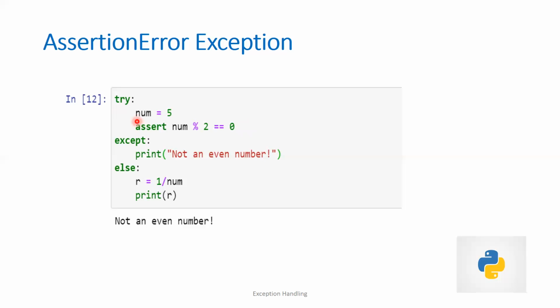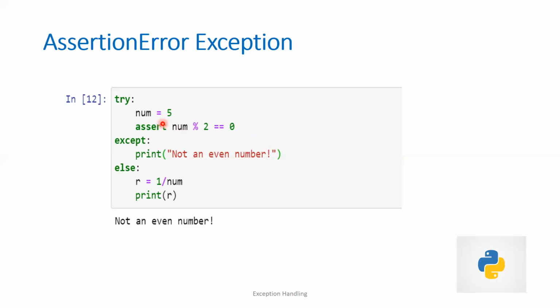Inside the try, I use a variable num equals 5, and in the assert section, I just give a logic. The logic is num modulus 2 equals 0. That means num must be an even number.